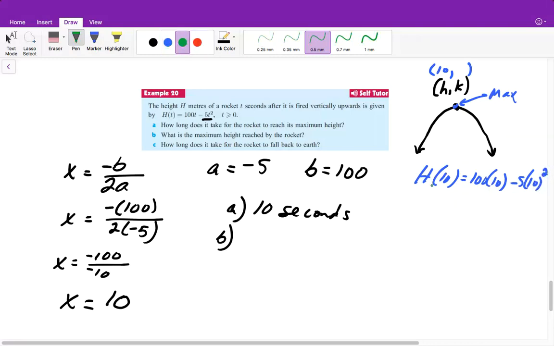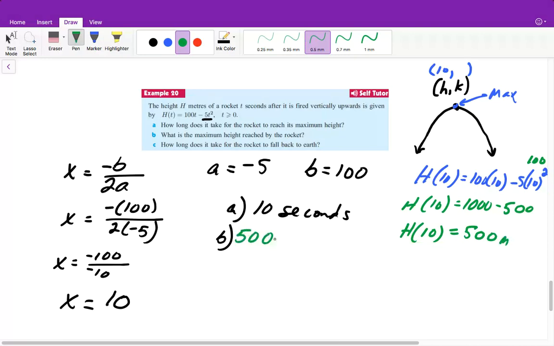So h of 10 is 1,000 minus, 10 squared is 100, times negative 5 is minus 500. So our height after 10 seconds is 500 meters. Our answer for B is 500 meters. That means our vertex is at (10, 500). This tells us how long it took to get to our maximum value, and this is our maximum value since it's facing down.